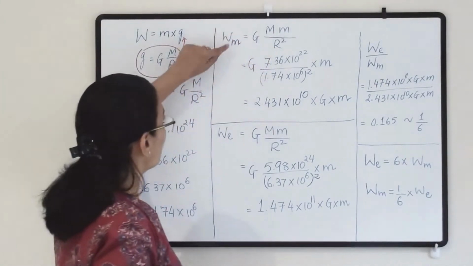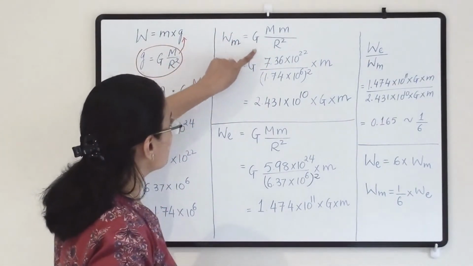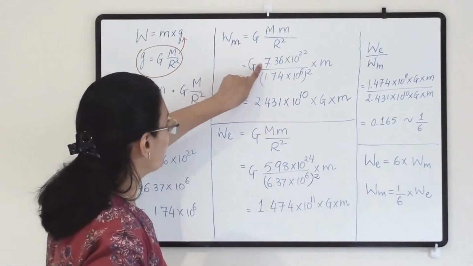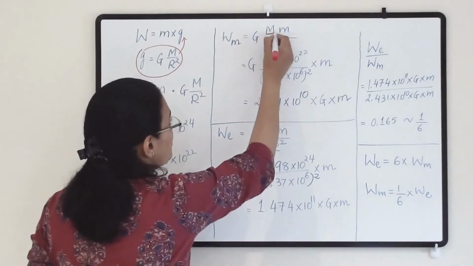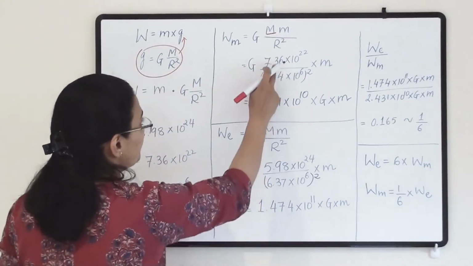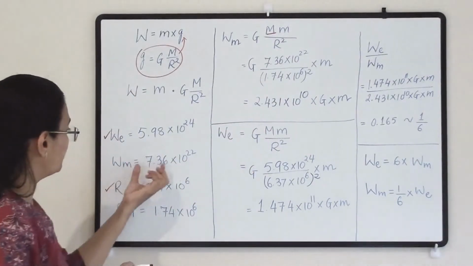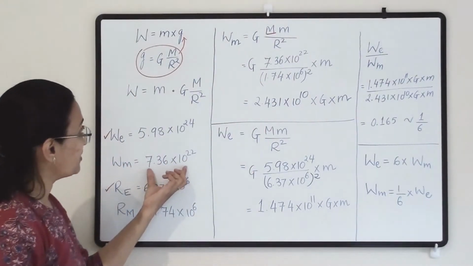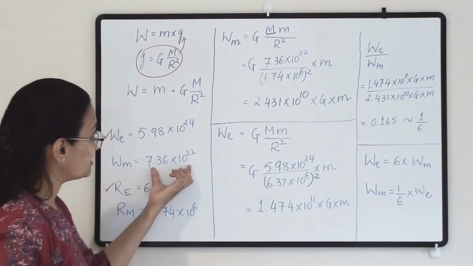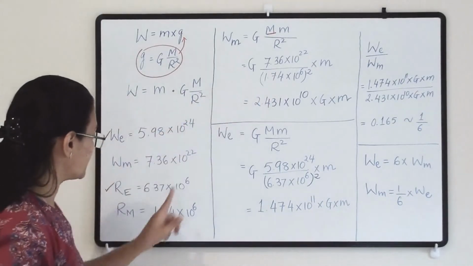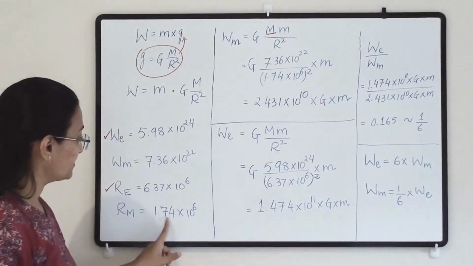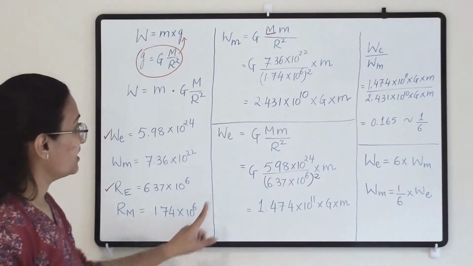So here the weight on the moon is this: we have replaced capital M with the mass of the moon, 7.36 times 10 raised to 22, divided by the radius squared, 1.74 into 10 raised to 6.